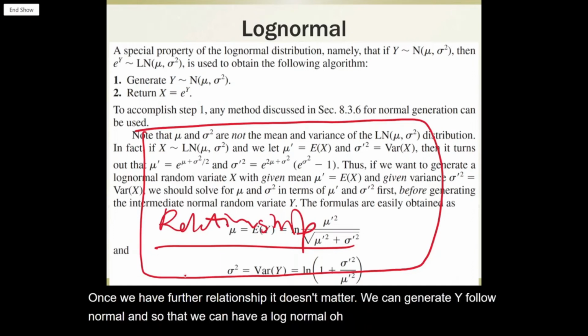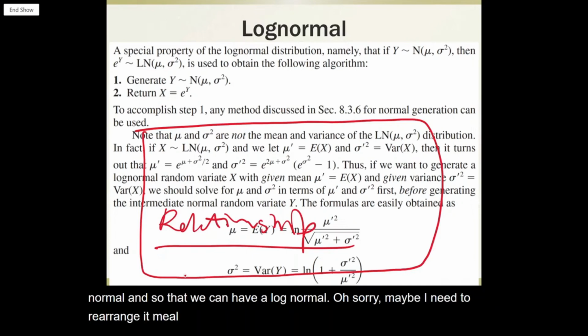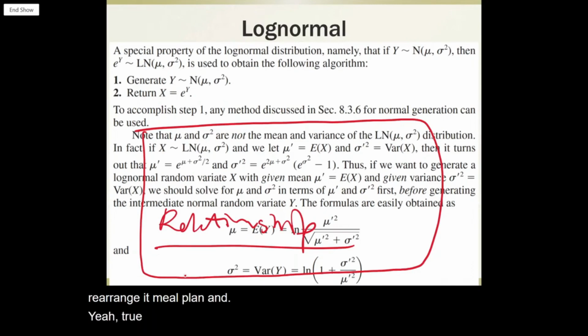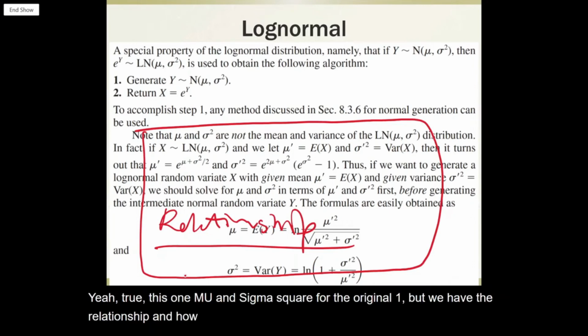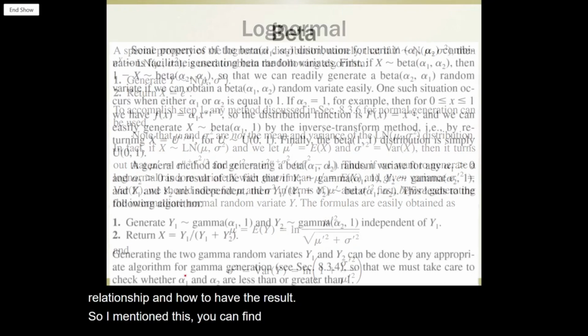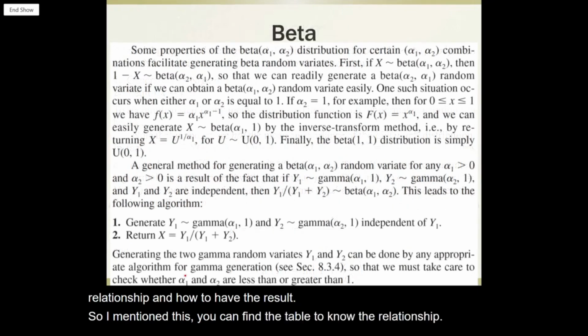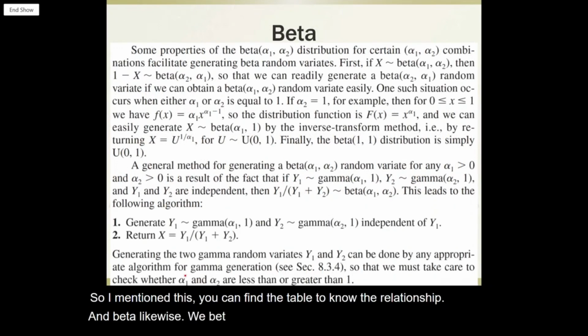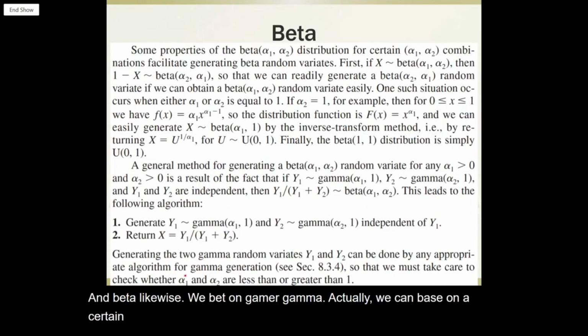Oh, sorry, maybe I need to rearrange it. Mu prime and sigma prime square. Yeah, true. This one is mu and sigma square for the original one, but we have the relationship and how to have the result. You can find the table to know the relationship. And beta, likewise, we pass on gamma. Gamma, actually, we can pass on acceptance rejection. Even previously, we could pass on acceptance rejection to generate beta, but this time, we pass on the special property.